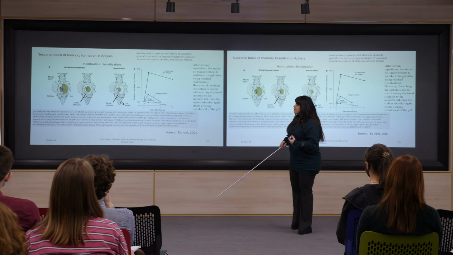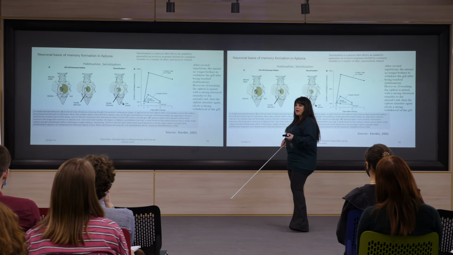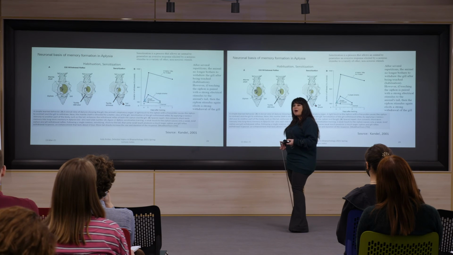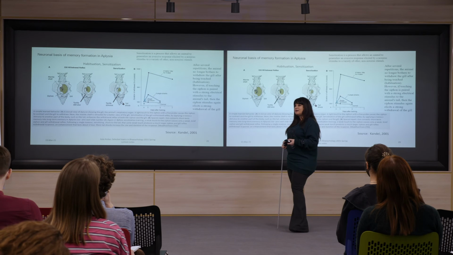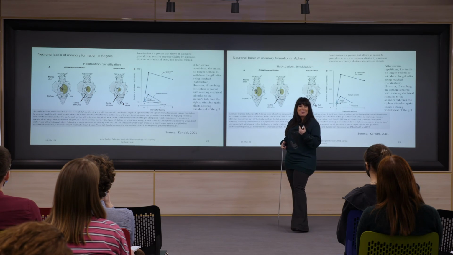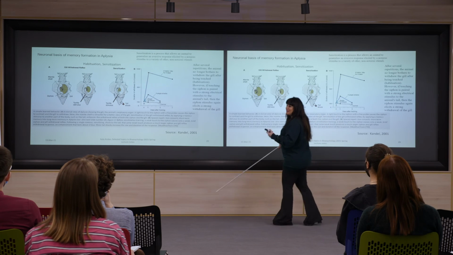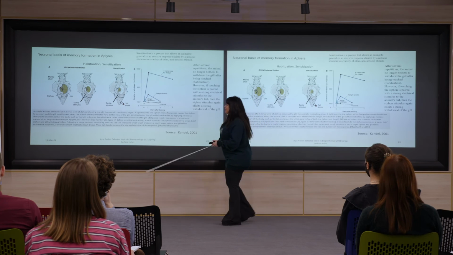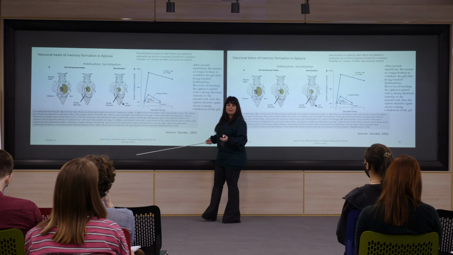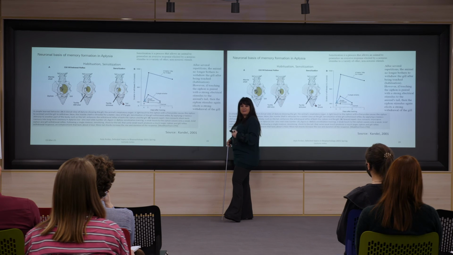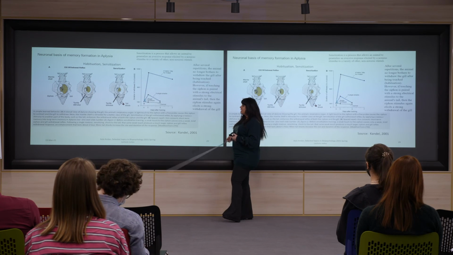But if this stimulation is repeated a few times, after a while, the animal gets habituated. This is the case of habituation, okay? The animal does not respond to that as much as before.